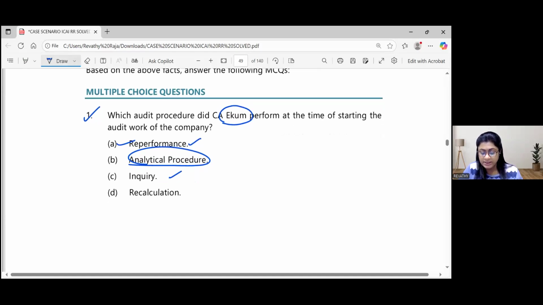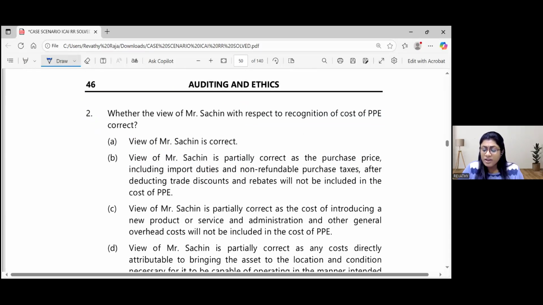Second one: whether the view of Sachin with respect to the recognition of cost of PPE is correct. Earlier also I told you, when you hear PPE in auditing, two things should come to your mind: one, AS 10, and another, CARO clause number 1.